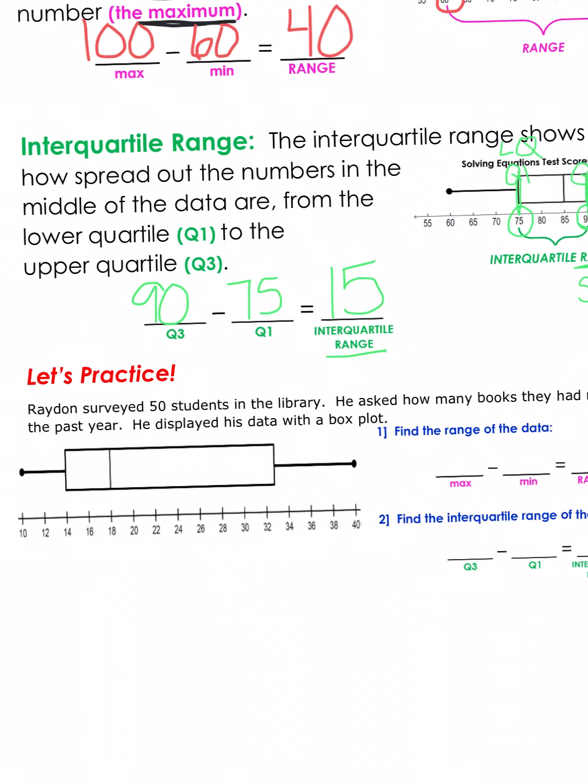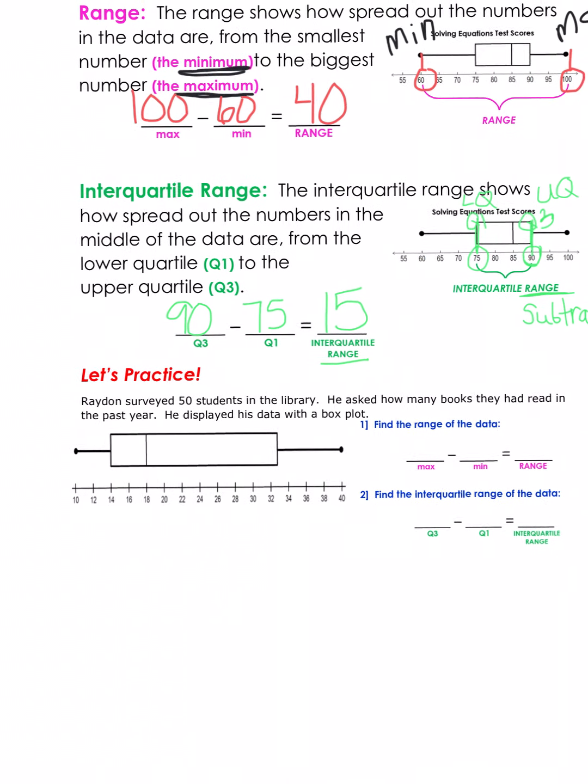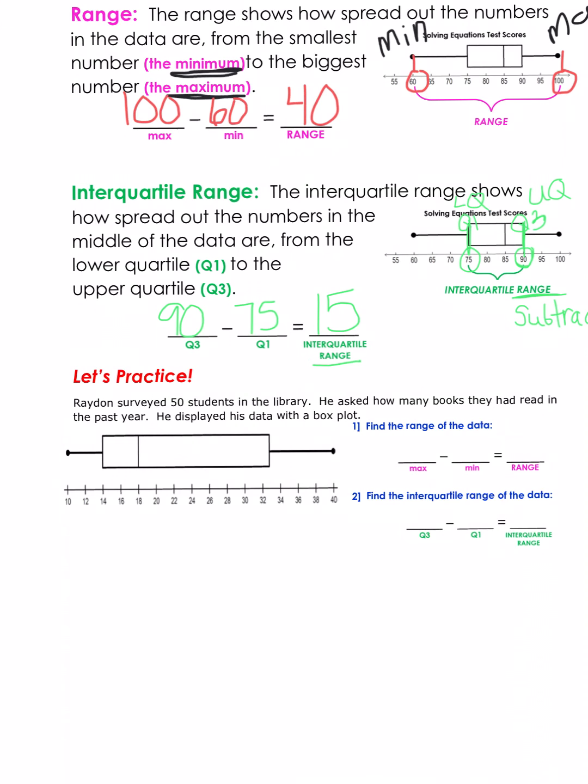Okay, let's practice. It says Radon surveyed 50 students in the library. He asked how many books they had read in the past year. He displayed his data with box plots. So we need to find our minimum and our maximum and to find the range. I'm going to label some parts again.